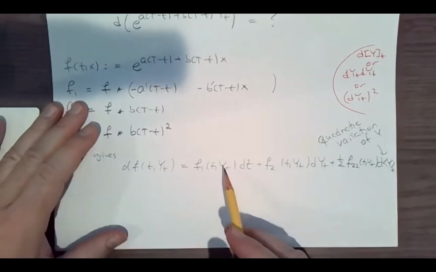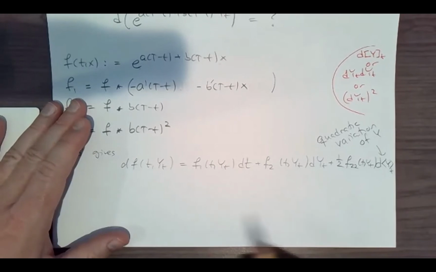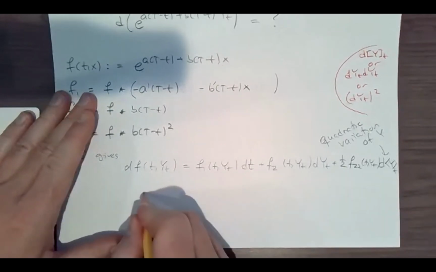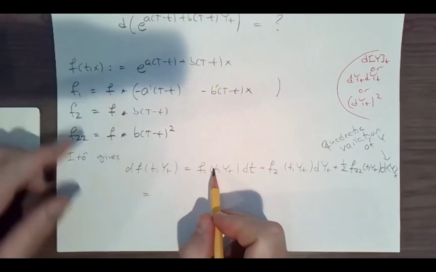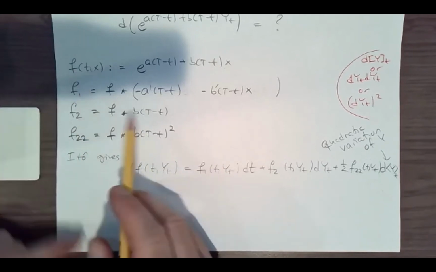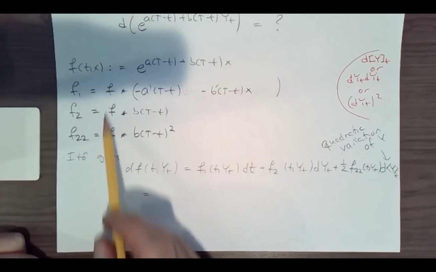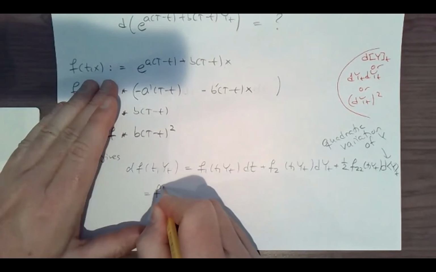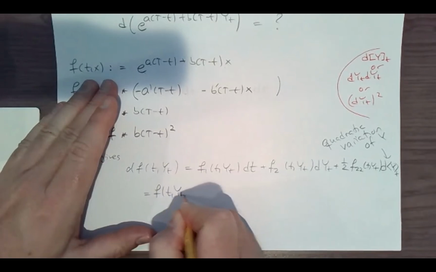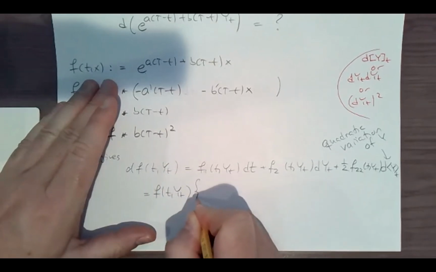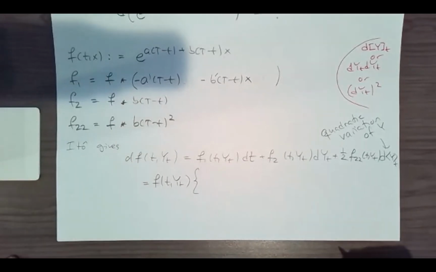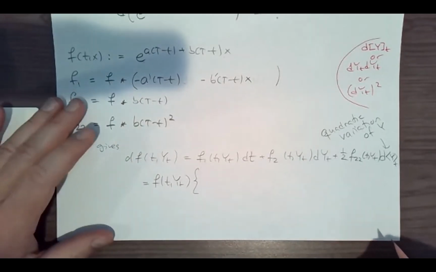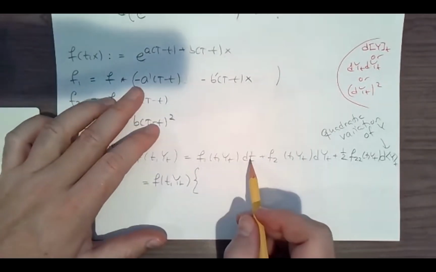And so now what we do next is we plug all this stuff in. We will write this out as, well, you can see all the derivatives have the common factor of f, so we start by putting f outside a big set of parentheses, and then we plug in all the terms.